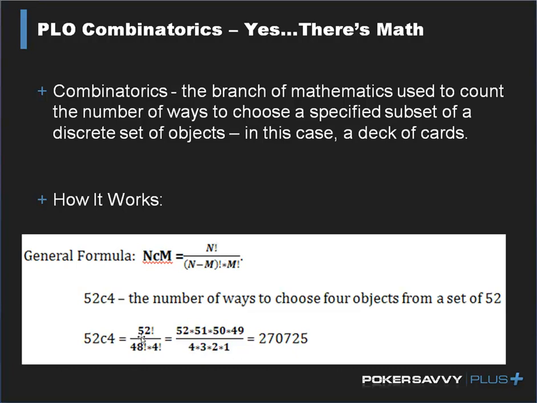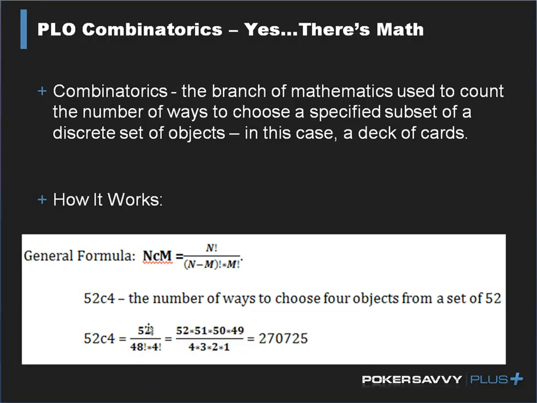Whatever this n minus m number is, that part of the numerator is always going to be matched to the denominator and canceled out, and you're going to be left with a denominator that is, in this case, 4 factorial, and then just the first few numbers of the long product that is 52 factorial, because a lot of stuff cancels out. 48 factorial is a really large number, and it cancels out.